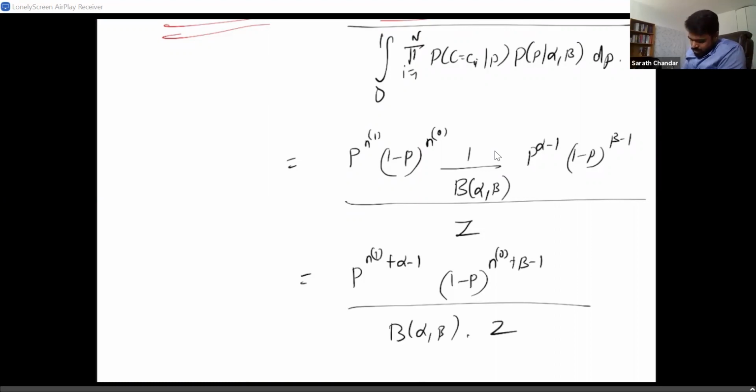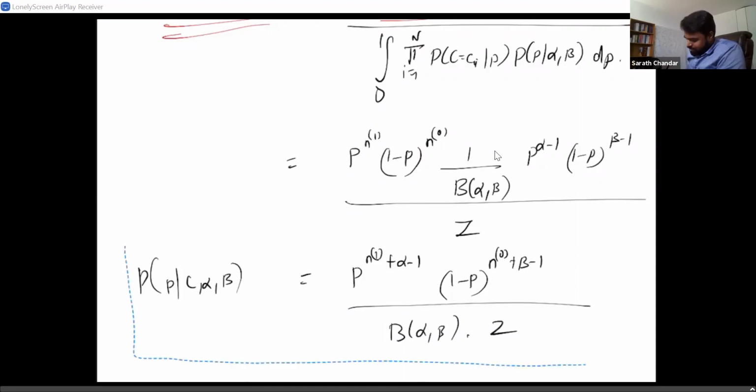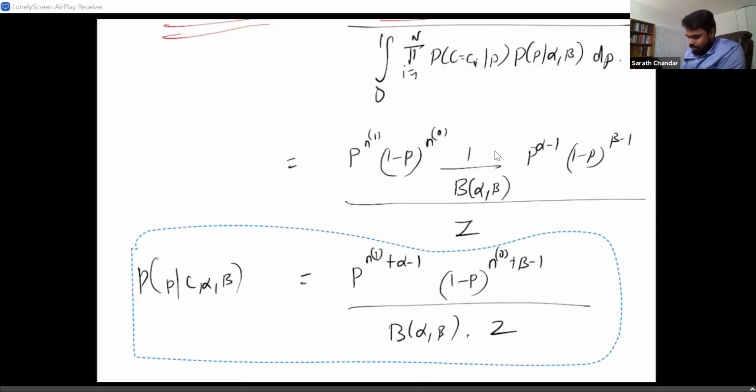Now, this is my P of the parameter given the data, alpha, beta. Well, I'm really sorry for using P for both probability and parameters. So probably next time when I edit the notes, I will fix it to something else, like theta maybe.